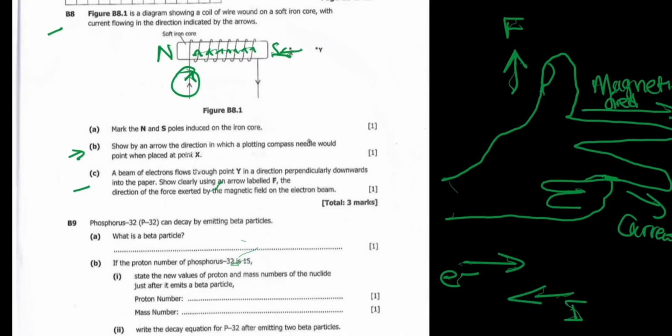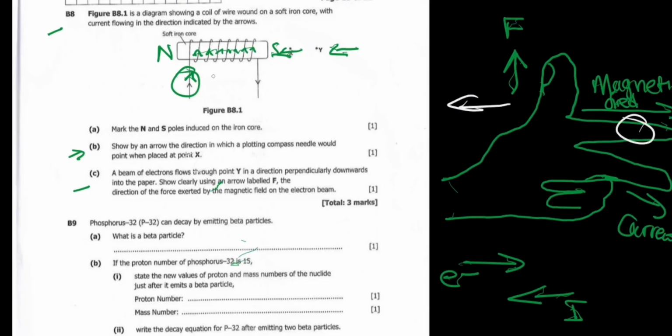Now, in this case, the question is, a beam of electrons flows through point Y in the direction perpendicular downwards into the paper. Since electrons are moving in this direction, the magnetic field is in the direction given by the right hand grip rule. Since this finger is pointing to the direction of the magnetic field, it should point to this direction.